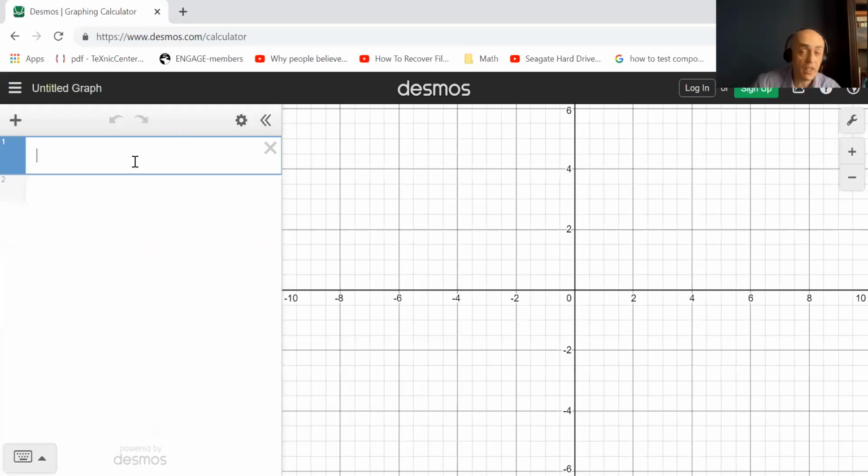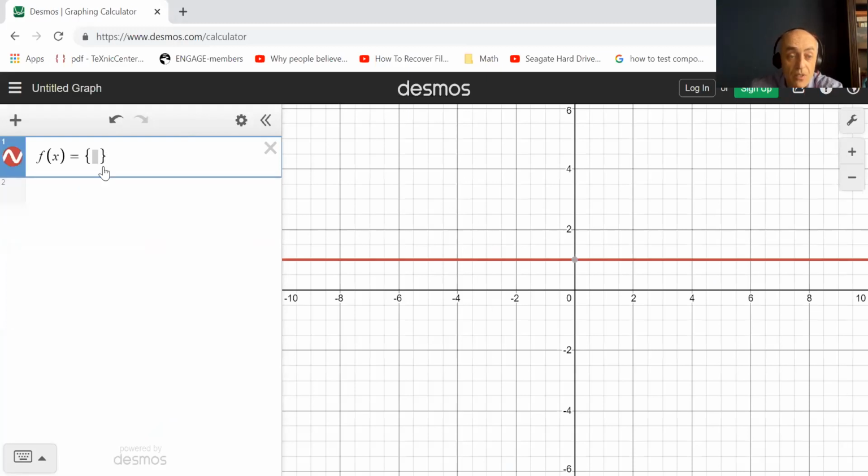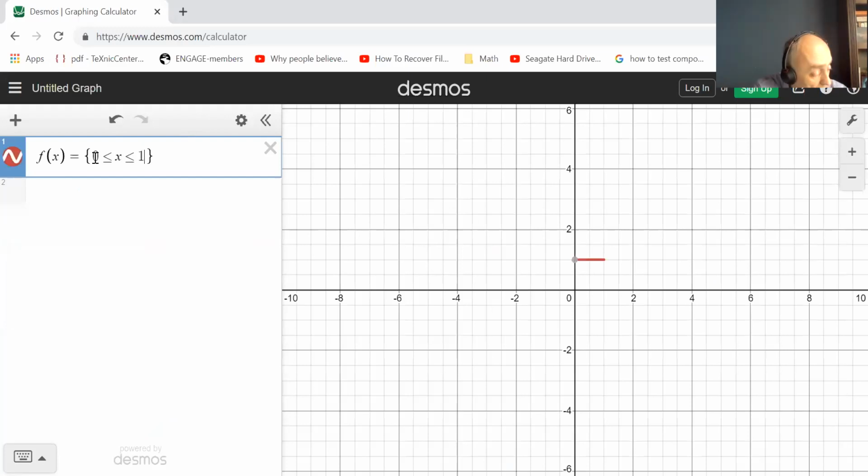Now remember what the equations were, because I'm going to typeset the formula directly. I'm going to say f of x equals, and I'm going to put curly braces here. When 0 is less than or equal to x less than or equal to 1, we figured out that the equation was y equals x plus 1. So I'll put a colon, and then the formula was x plus 1.